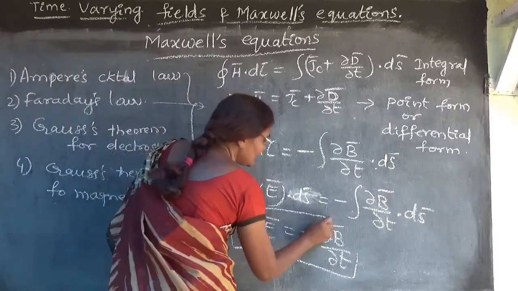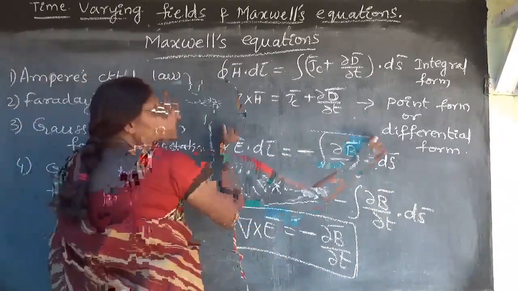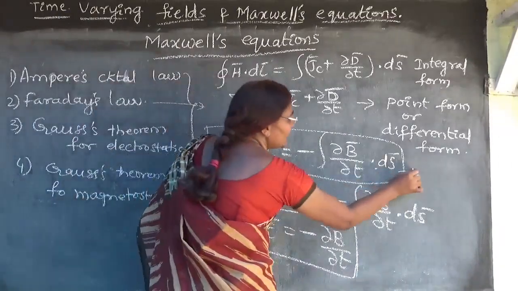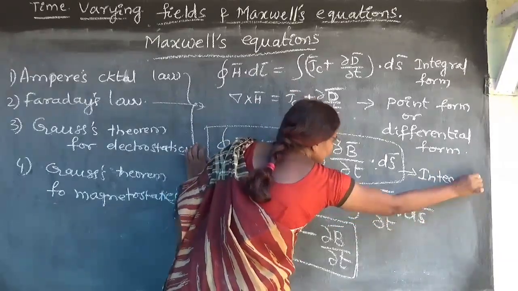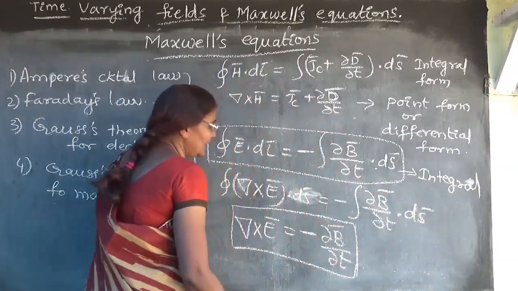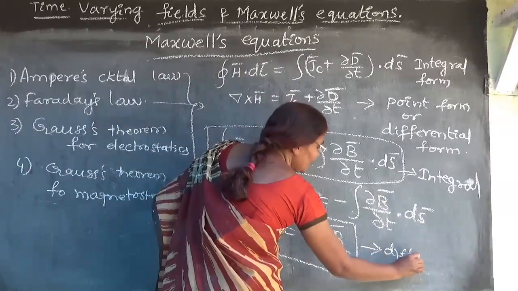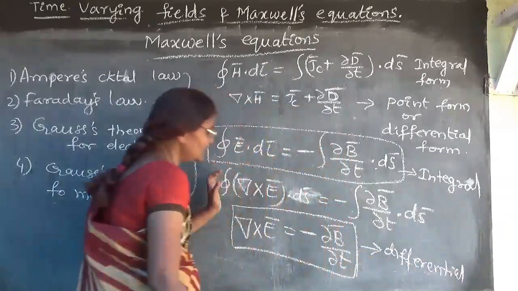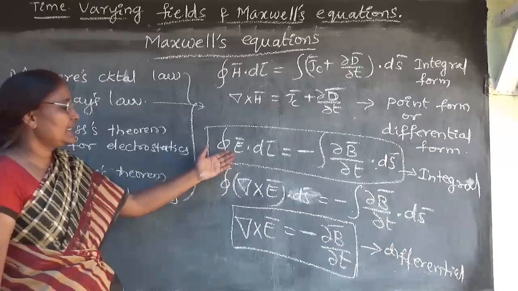This is the integral form of the second Maxwell's equation, and this is the point form or differential form of the second Maxwell's equation.